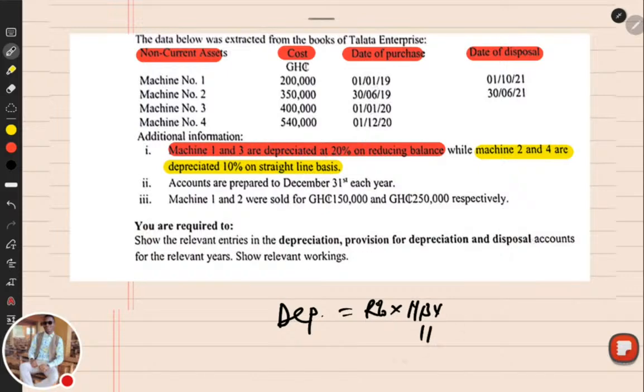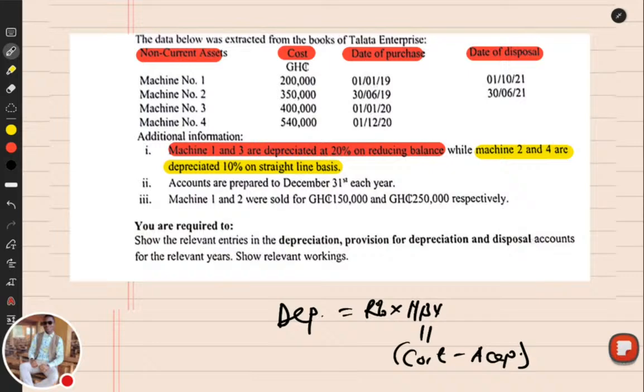Net book value is equal to the cost minus accumulated depreciation. So we subtract previous depreciation from the original cost of the asset, and then apply the rate on the remaining cost, and that gives us the depreciation under the reducing balance or diminishing method.